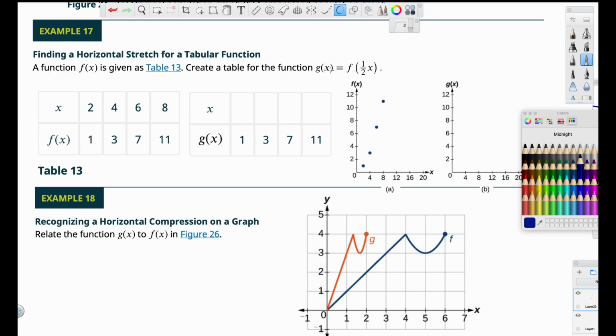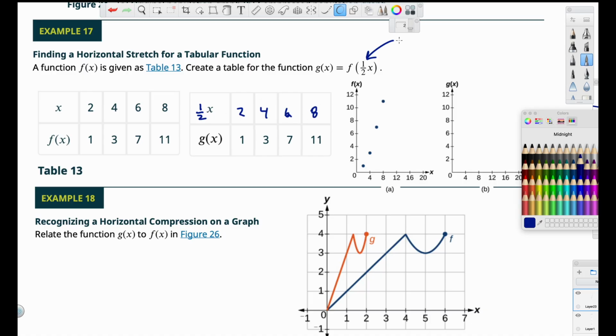Now we're going to make a table for g of x. Now what's happening inside here? We are having all of these values. So I think I'm going to fix this right here. I really wanted to add an extra column. So really, we're having all of these original ones here. So we're still going to have 2, 4, 6, 8 here, right? But what are we putting into the x in order to get this?